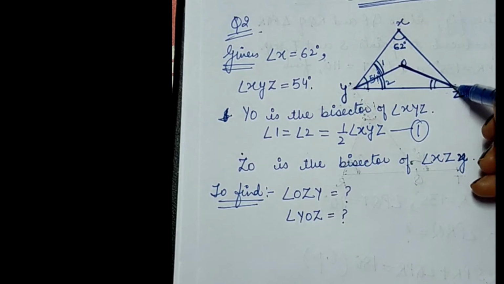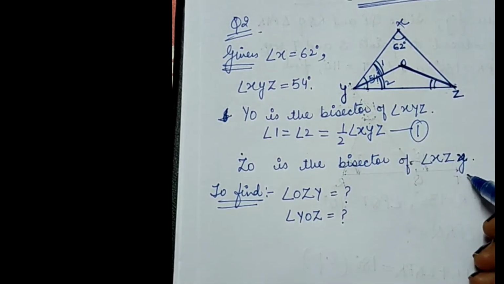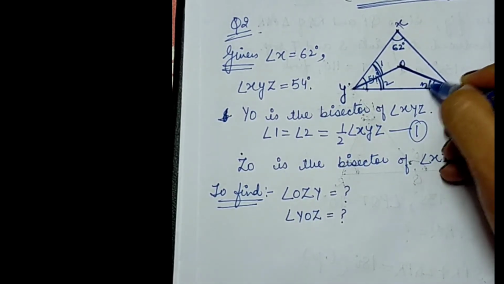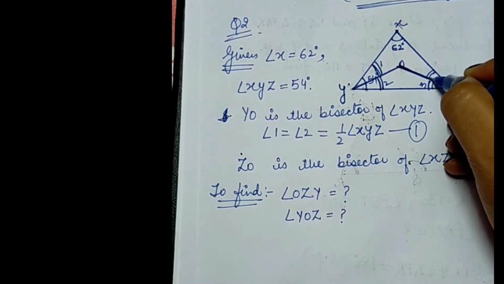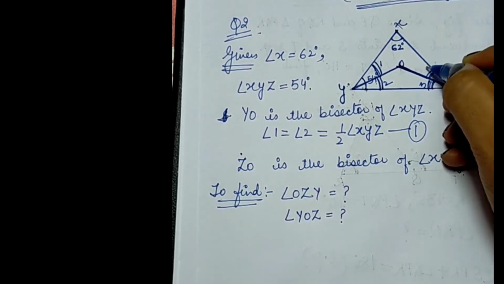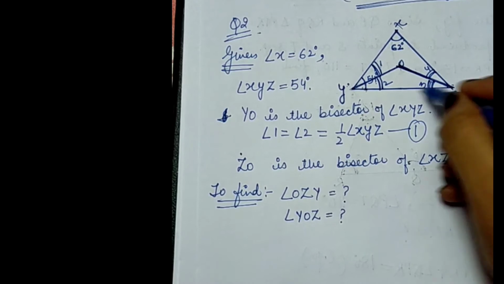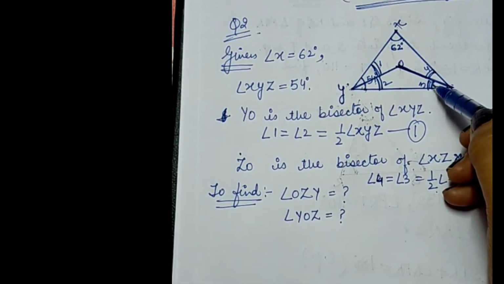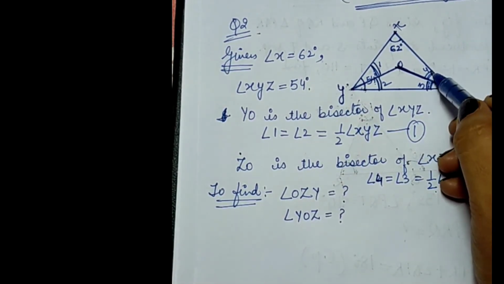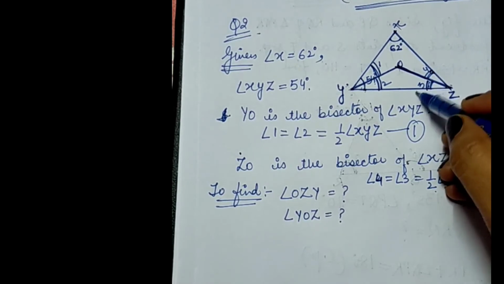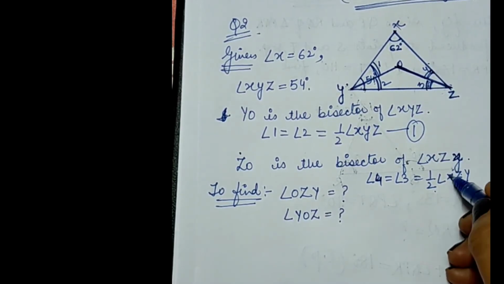OZ is the bisector of angle XZY. Therefore this angle and this angle will be the same and will be half of XZY. So we can say that angle 3 equals angle 4, both are equal and each is half of XZY.